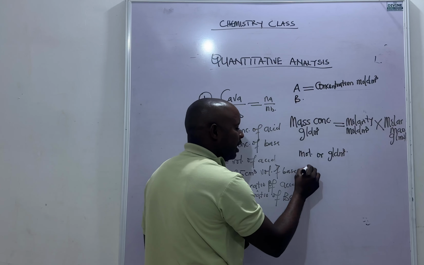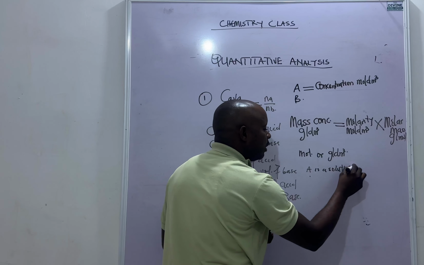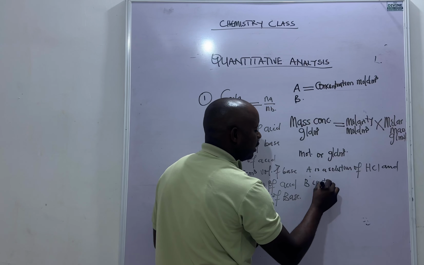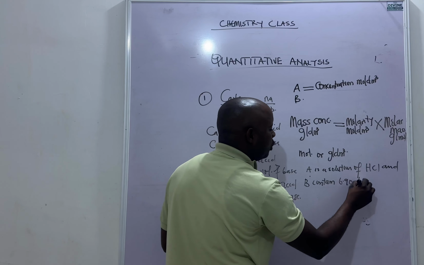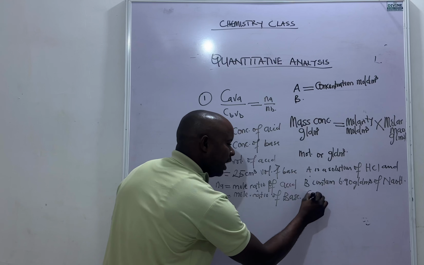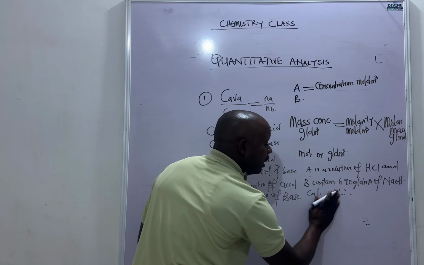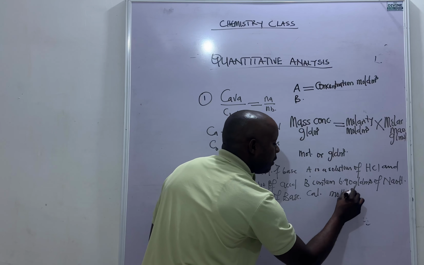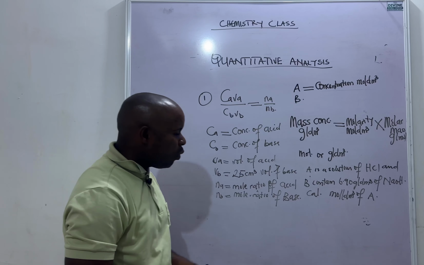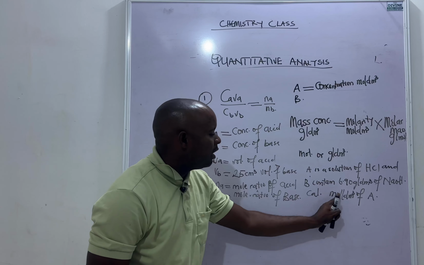If, for instance, A is a solution of HCl and B contains 6.9 gram per dm cube of sodium hydroxide. Calculate the mole per dm cube of A.